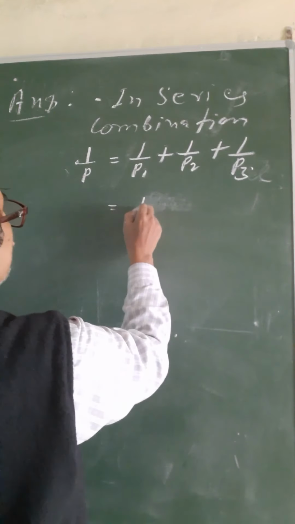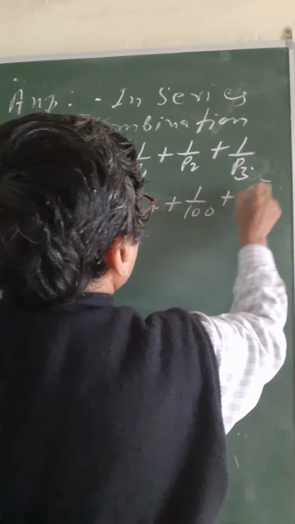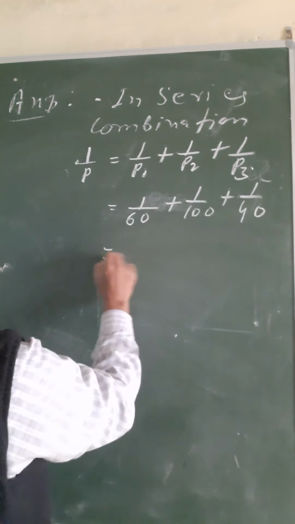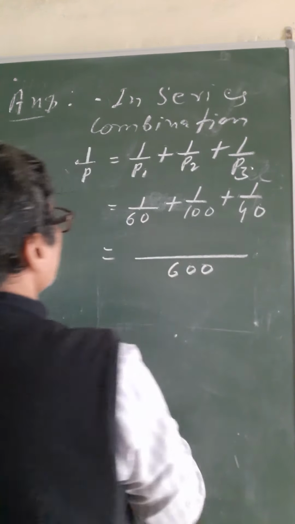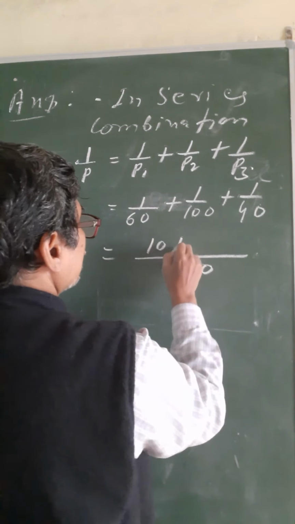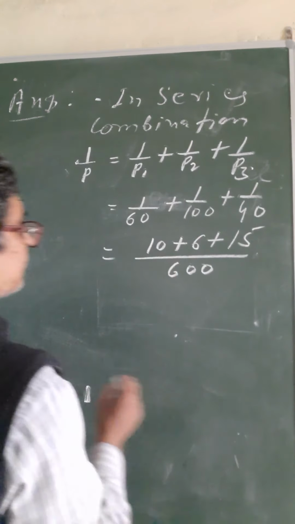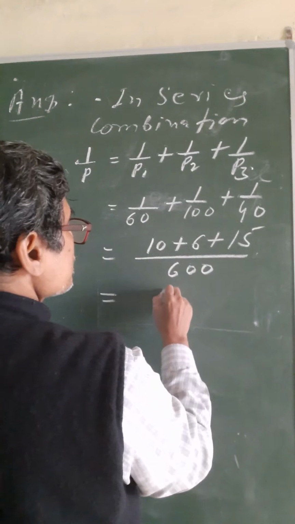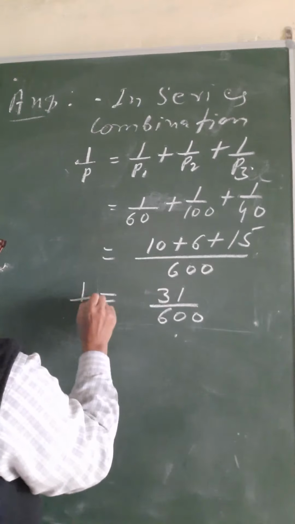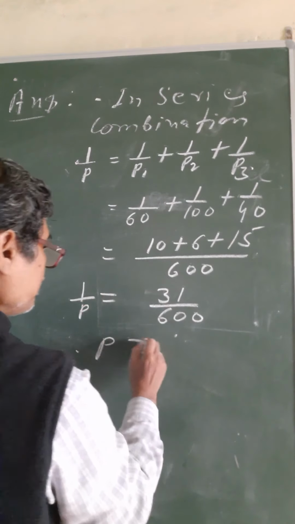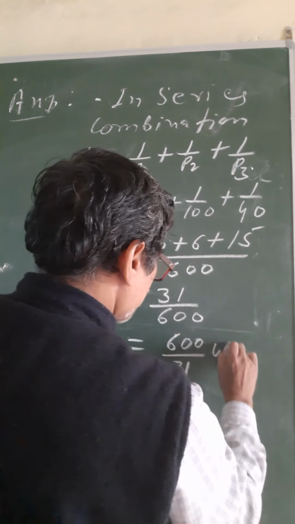Here P1 is given 60, P2 is given 100 and P3 is given 40. Now its LCM will be 600. Now that is 10 plus 6 plus 15, which is equal to 31 by 600, equal to 1 by P. Therefore P will be equal to 600 by 31 watt.